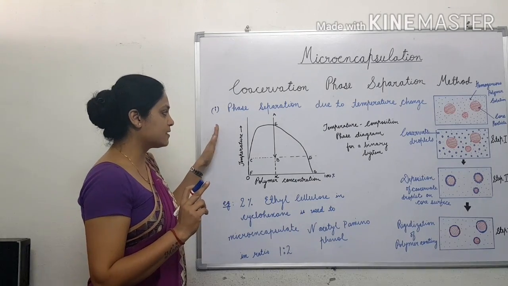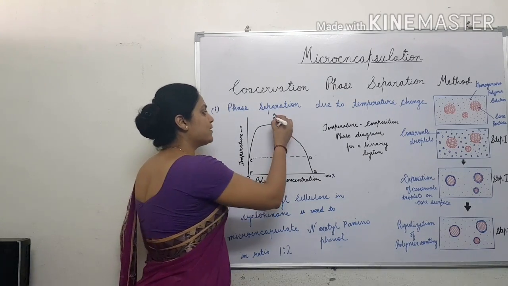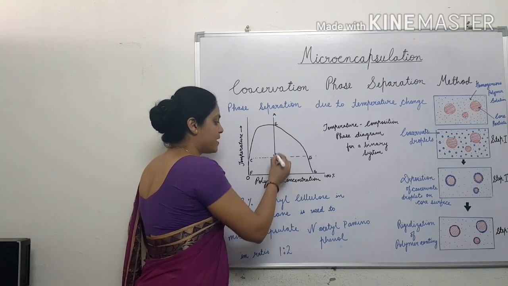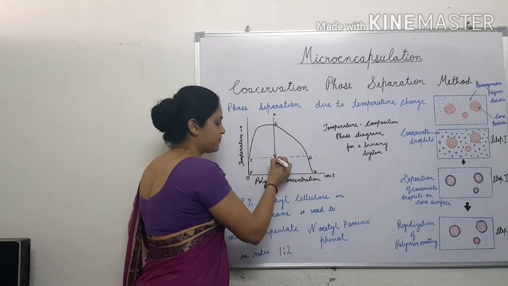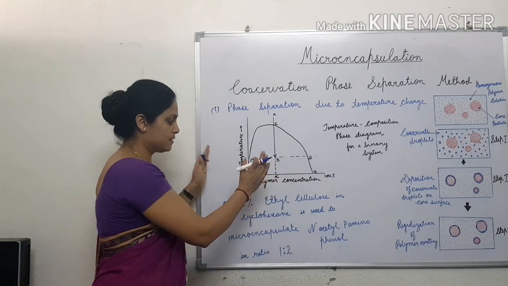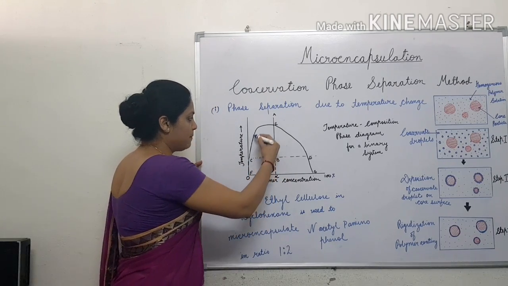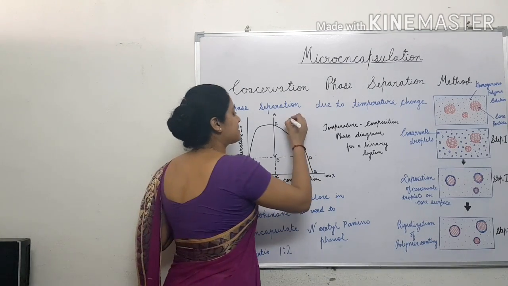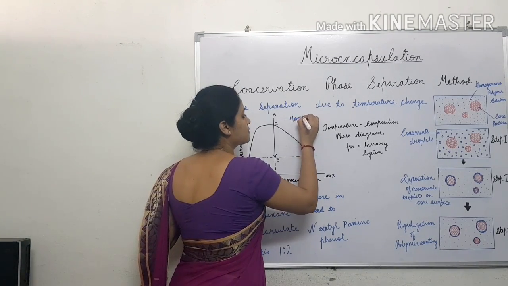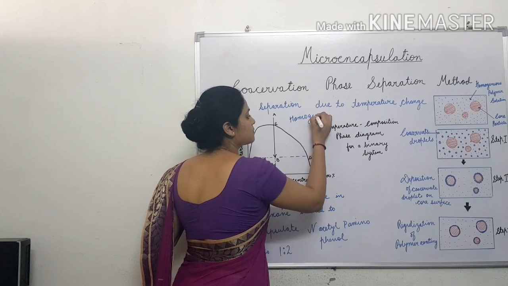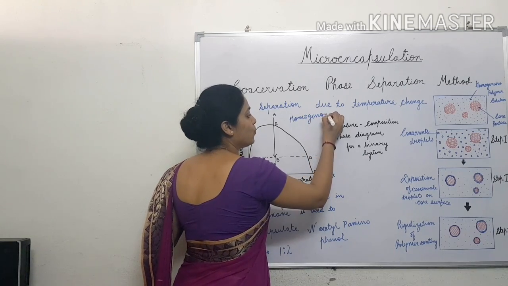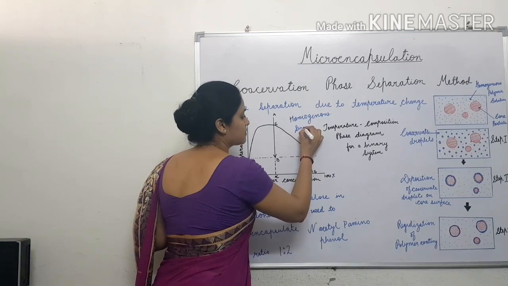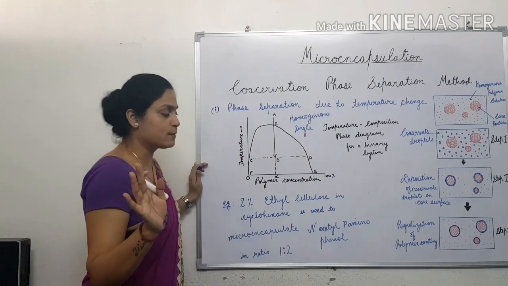Now let's consider that the temperature of this system is decreased from A to B along this arrowed line. The system above this FEG phase boundary curve exists as a homogeneous single phase if the core is not present.